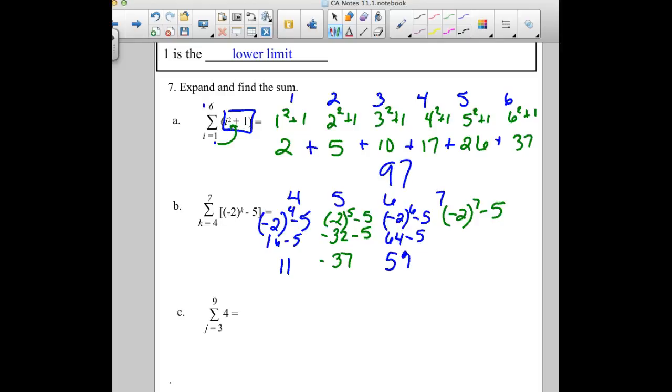We just have to times this by another negative 2. What's 64 times negative 2? Negative 128, minus 5 more. Now we need to add those up. Go ahead and do that.